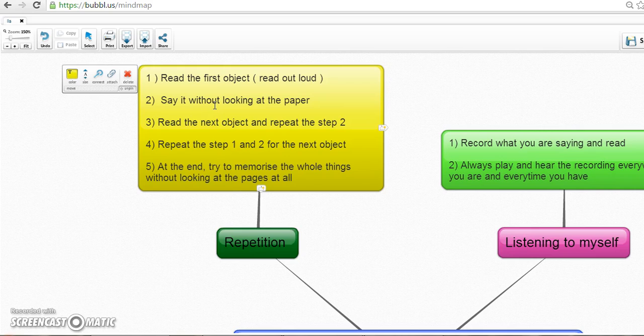I repeat steps 1 and 2 for the next object until the syllabus, the subject, what I am learning, is finished. At the end, I'll try to memorize the whole thing without looking at the pages at all. That time, you can figure out whether you have memorized it or not.